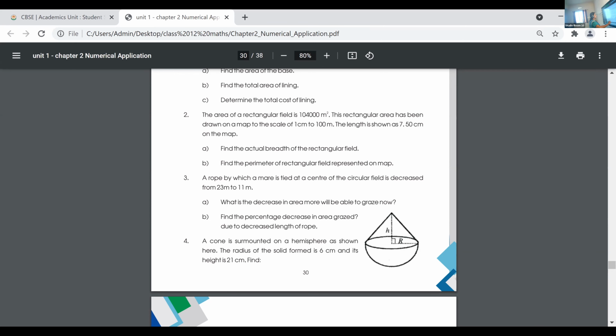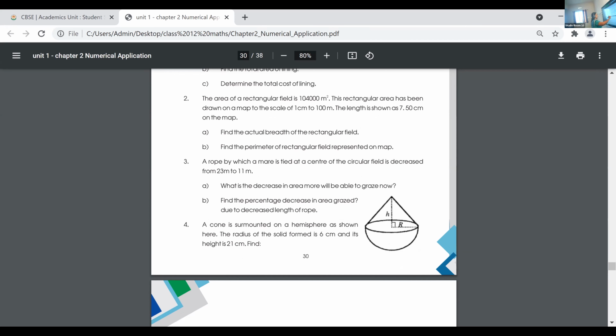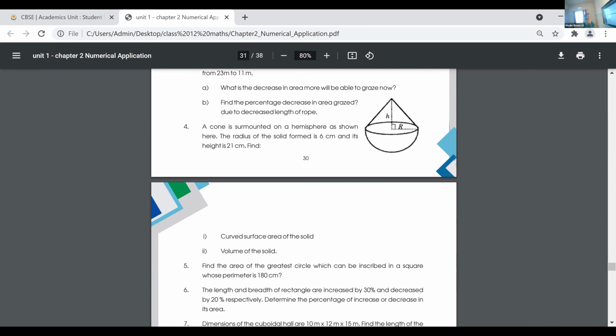Find the CSA of the solid and the volume of the solid.